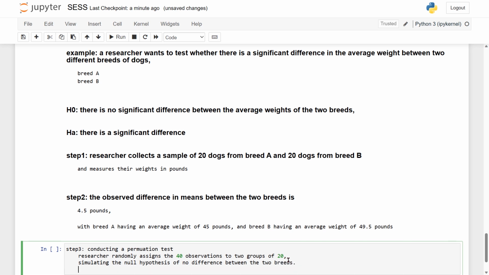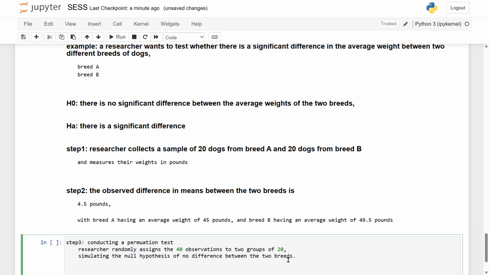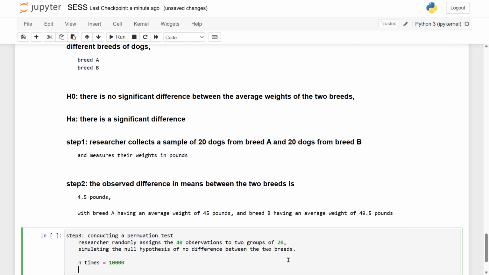The researcher calculates the difference in means between the two groups and records this value. This process is repeated many times, maybe n equals 10,000 times.